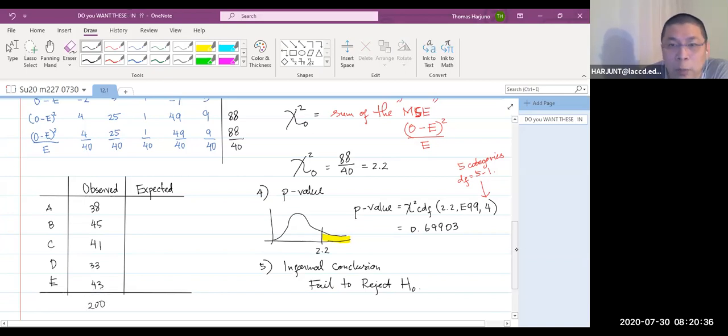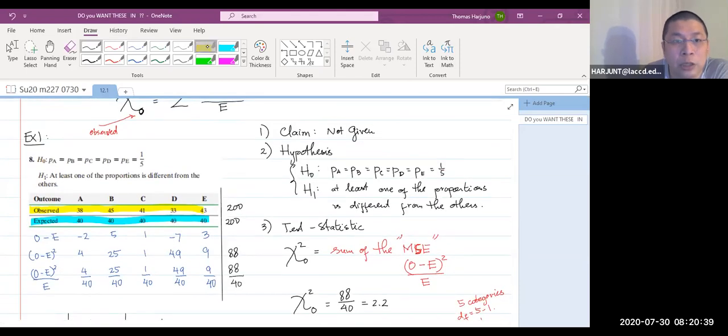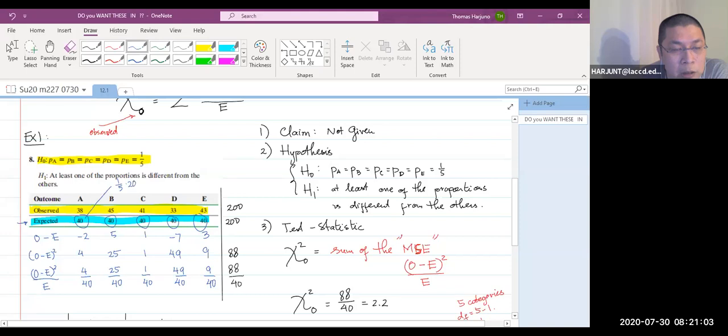Now, the information they're supposed to give us is actually only the yellow one here, and this guy, only those two. Now the expected value here is coming from this 40, this 40, this 40, this 40, this 40. Each of them comes from 1/5 of that 200, which will give us 40.